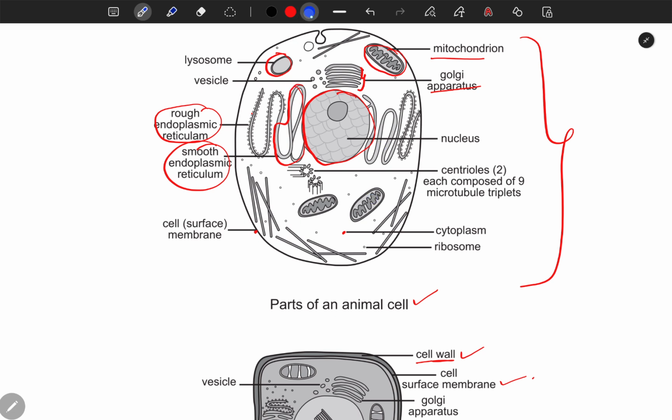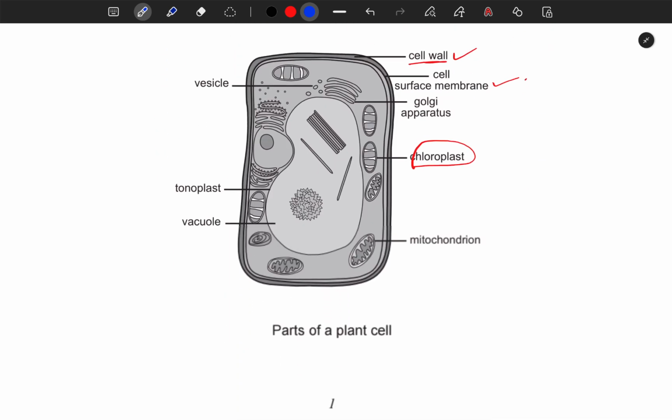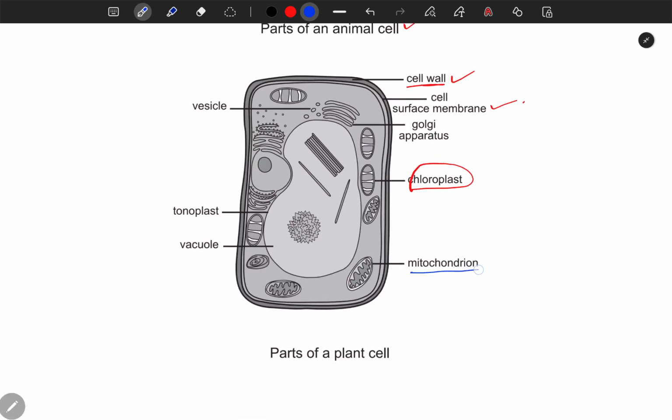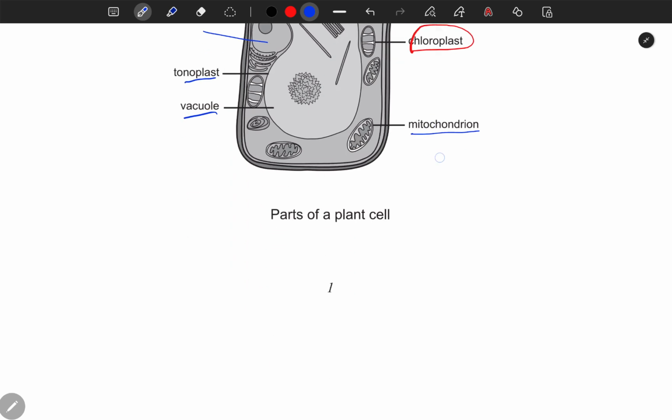This part here has those ribosomes, and that's why we call it the rough endoplasmic reticulum. There's a mitochondria; of course, we're going to talk about the functions. We have the tonoplast, the vacuole, and the vesicle. Other things like the nucleus and so forth are there.